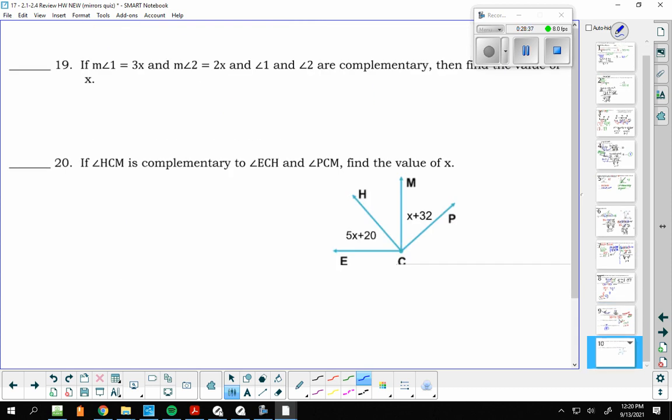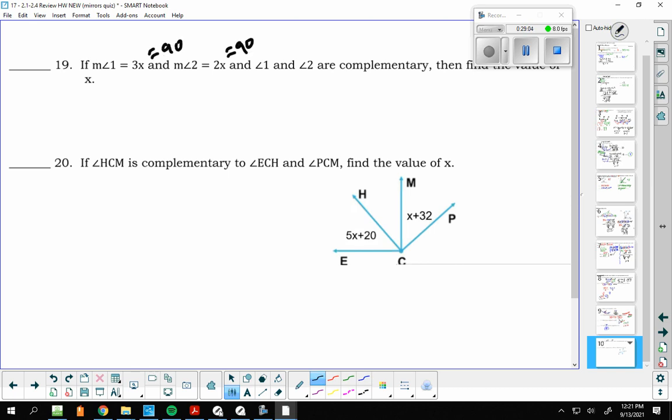All right, last two. If the measure of angle 1 is 3x, and the measure of angle 2 is 2x, and angle 1 and angle 2 are complementary, then find the value of x. What does complementary mean again? 90. They add up to 90, right? Does it mean both these angles individually equal 90?